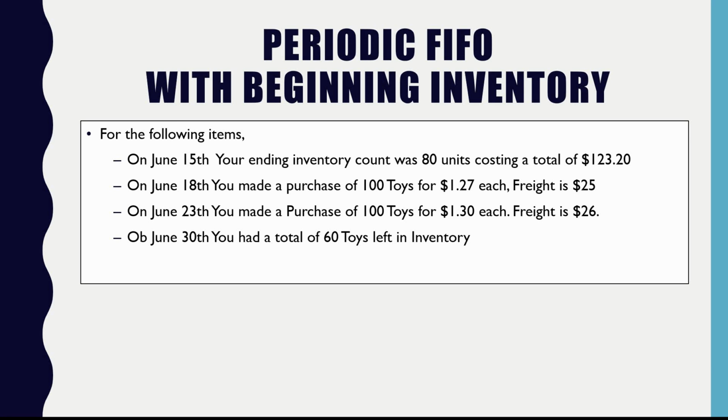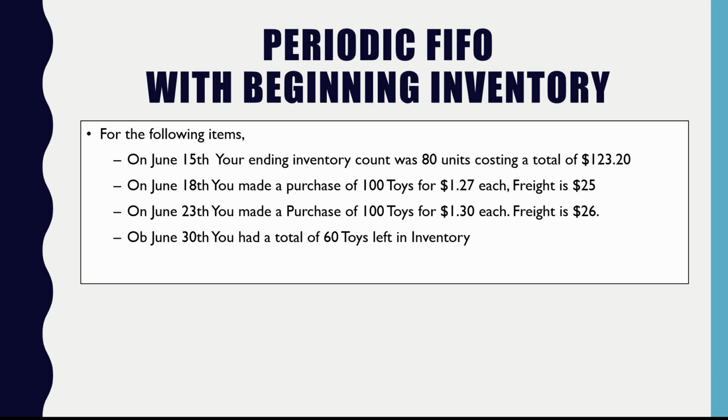So in this case, I have another scenario. I have June 15. I purchased another 100 toys, but this time at $1.27 with a freight of $25. And then I also have another purchase on the 23rd of June of another 100 toys at $1.30, and the freight's going to cost me $26, right?